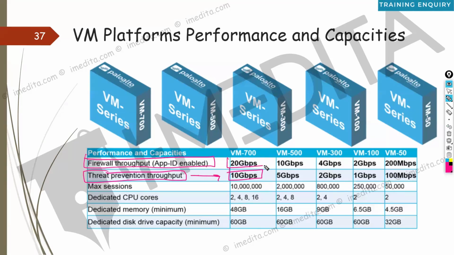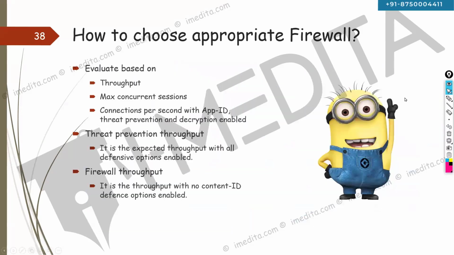So firewall throughput is high, and threat prevention throughput is less. Firewall throughput is without Content-ID. When we enable more controls, performance will definitely decrease. When we enable fewer controls, performance will be faster. Now you can see the difference between these two.